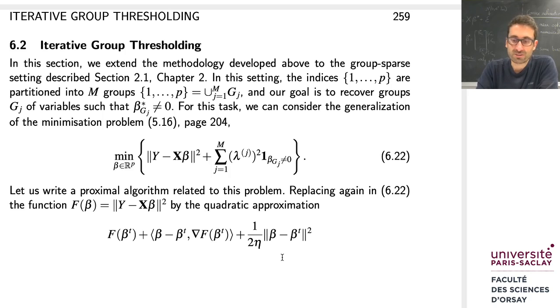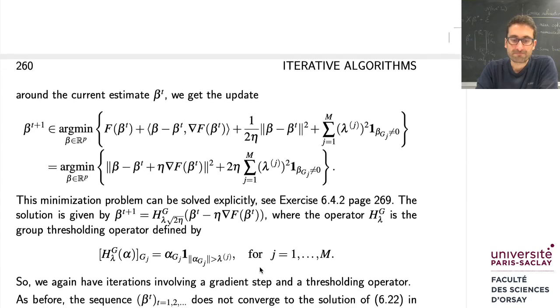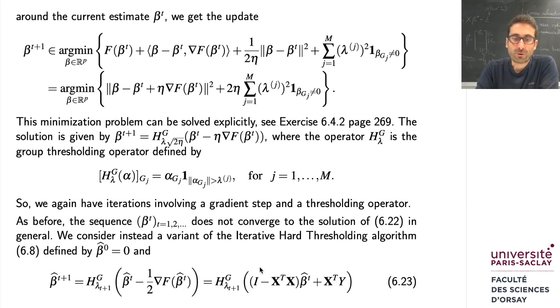And if we do this, which is what we do for the proximal method, we are at the current estimate beta t, and at the next step, we solve this where we have replaced f by this approximation plus the penalization, and with exactly the same rearrangement as in the other case, the minimizer will be the same as for this minimization problem, where here I have beta minus a gradient update of f at beta t, right?